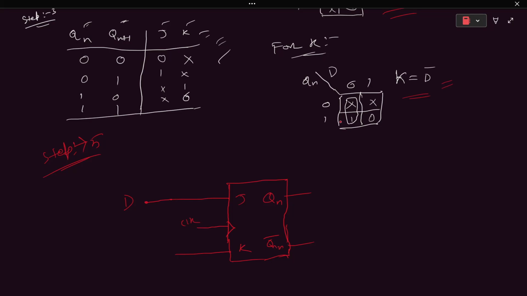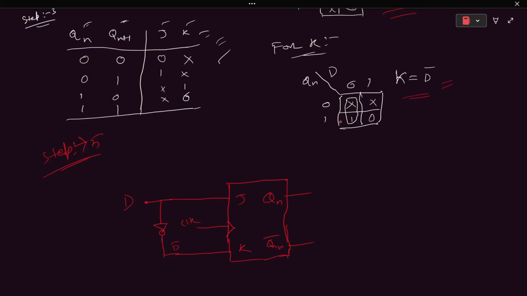K is D complement, so some inversion is needed. To invert the input, we must use an inverter. After the inverter, we have D complement.